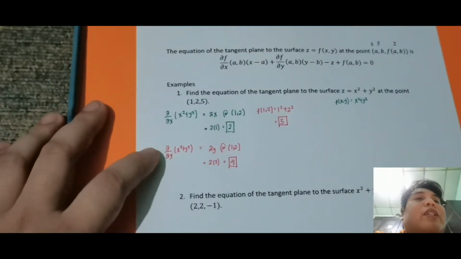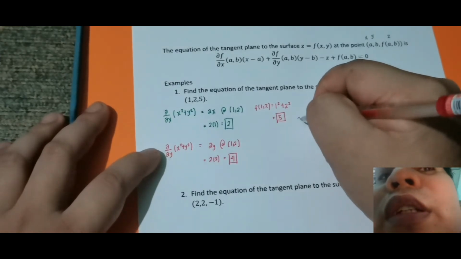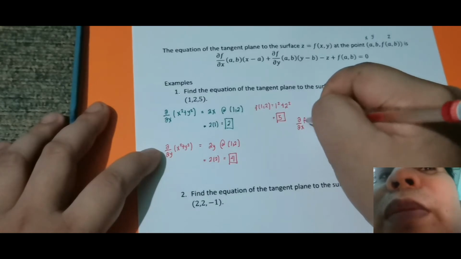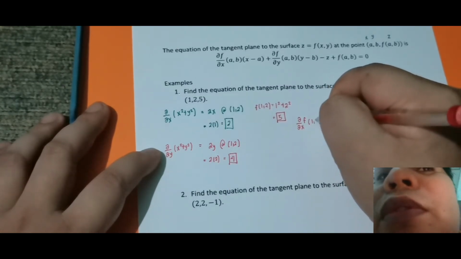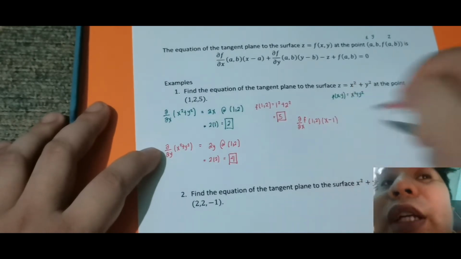So for the equation of the tangent plane, this is just equal sa, copy ko lang, the partial derivative with respect sa x of f of (1, 2), lagay ko yung (1, 2), ng x minus 1 kasi yan yung a.